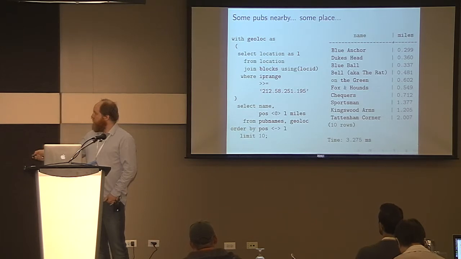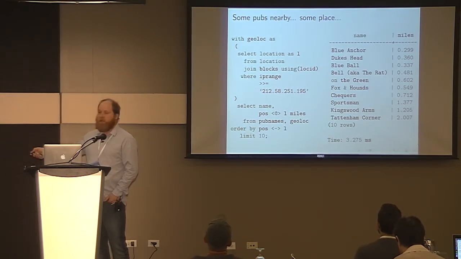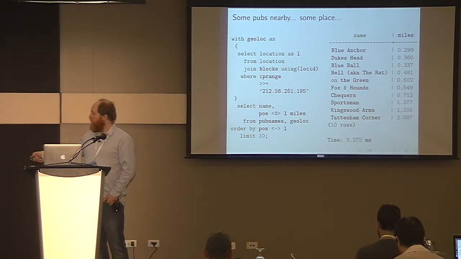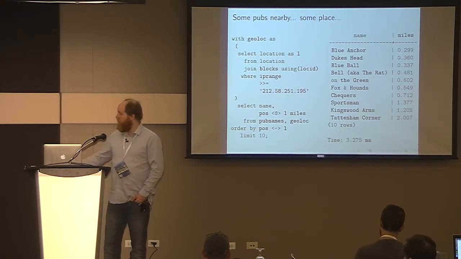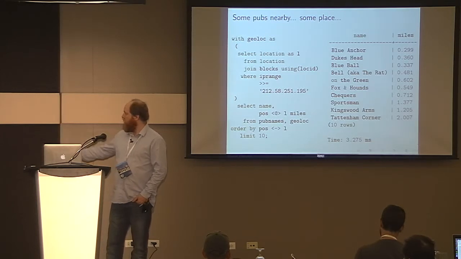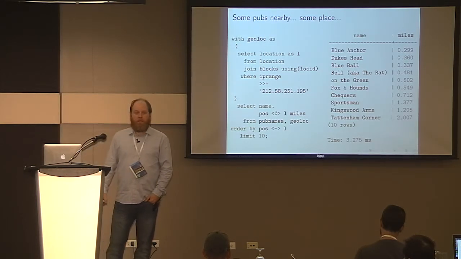So the first query here will, given an IP address, fetch the location as a point on the globe, and the second part of the query will give you the pub names around your location, and we want 10 of them this time, and return the list of pubs with the distance.